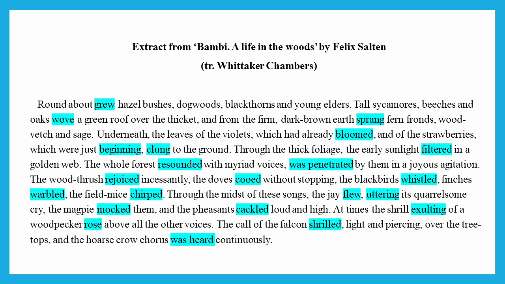Lots of different types of verbs to describe the different types of sounds, some of them high, some of them low, some of them pleasant, some of them harsh. It gives you a sense of the huge variety in the chorus of sounds that's going on in the forest. So we have two senses that the author is concentrating on.